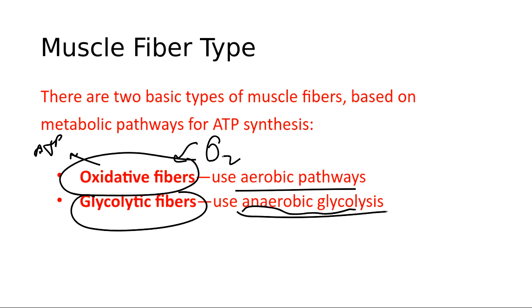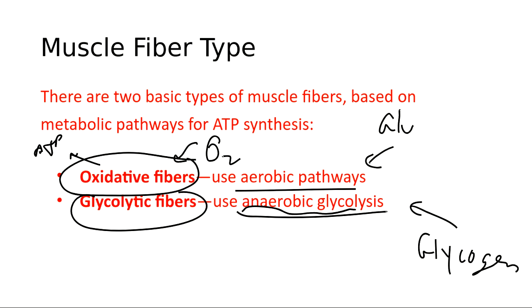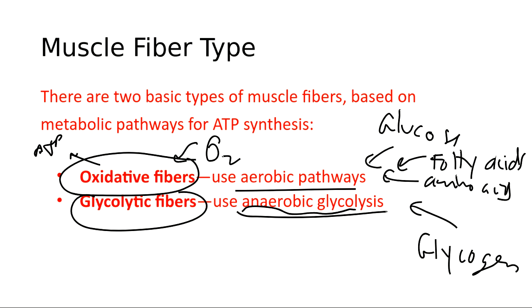Keep in mind, if you use anaerobic glycolysis, the only source of energy is going to be glycogen. If we use aerobic pathways, we can use glycogen, glucose, fatty acids, so it has more choices, and amino acids, and of course glycogen, because it's essentially glucose that needs to be broken down.